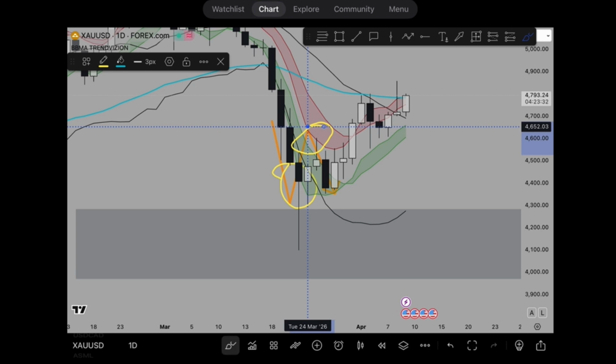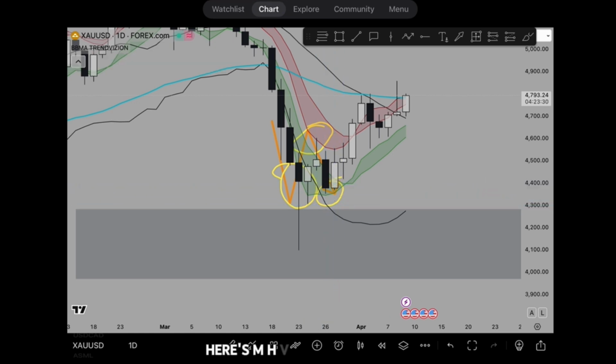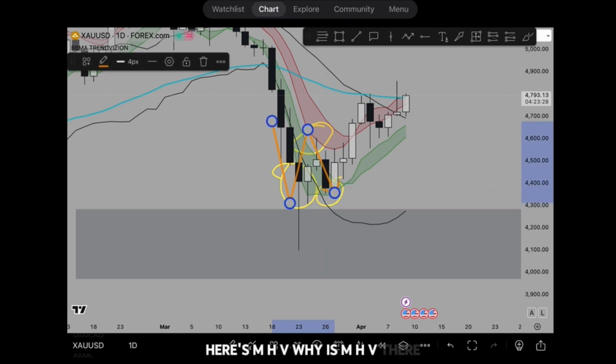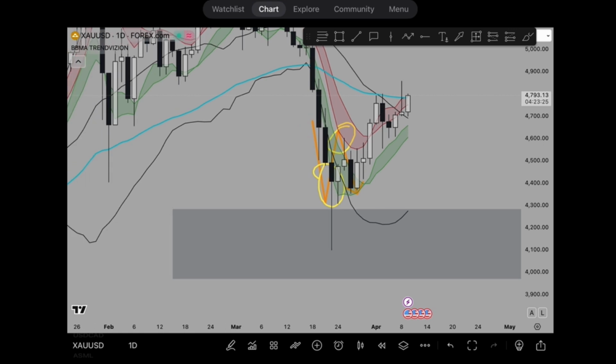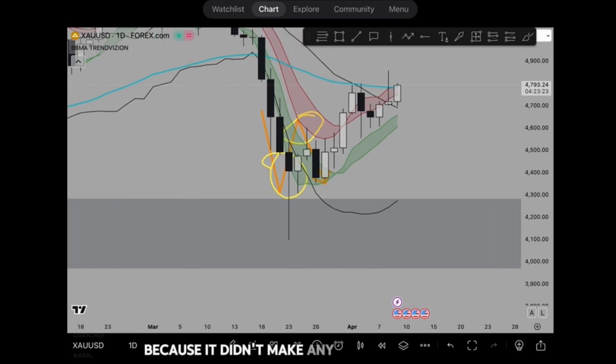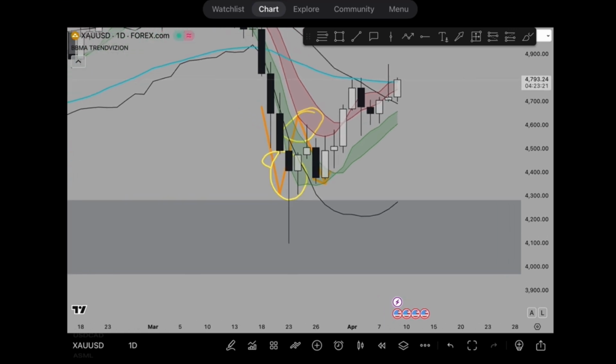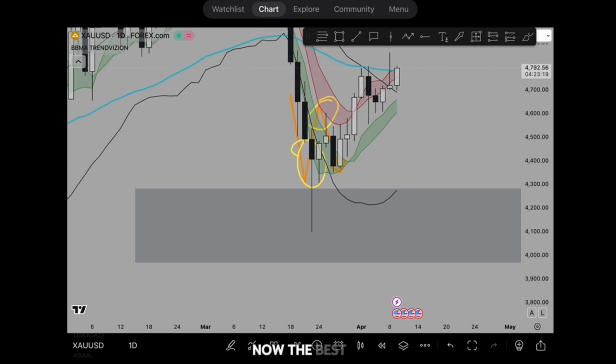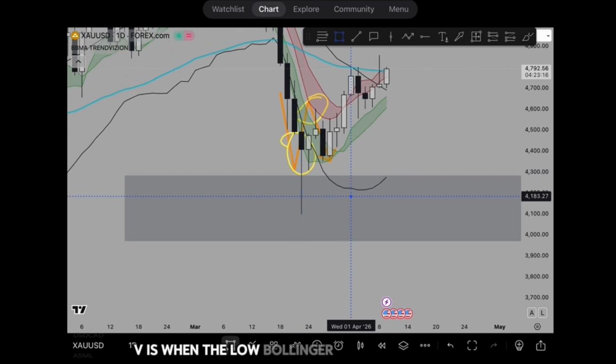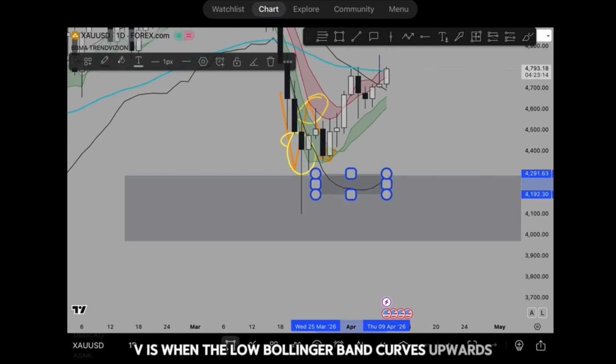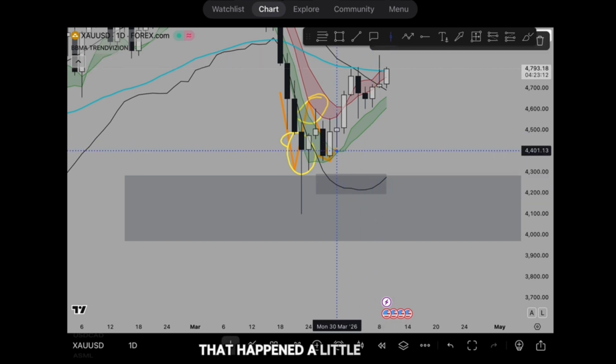And here's MHV. Why is MHV there? Because it didn't make any momentum anymore. Now, the best MHV is when the low Bollinger Band curves upwards. So that happened a little bit later, like over here, this candle.